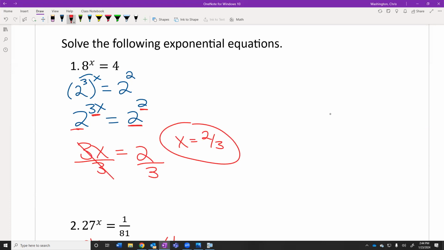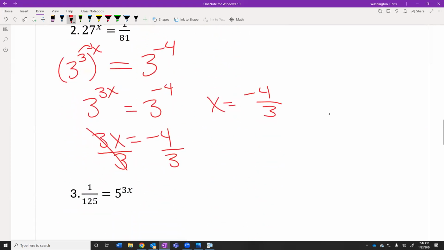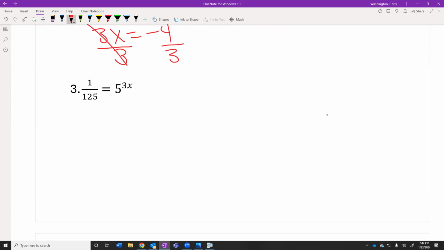Alrighty. Number 3. We got 1/125. You would have found that on your chart. 125 is 5 to the third power. So 1/125 is going to be 5 to the negative third power. And that's going to equal 5 to the 3x.